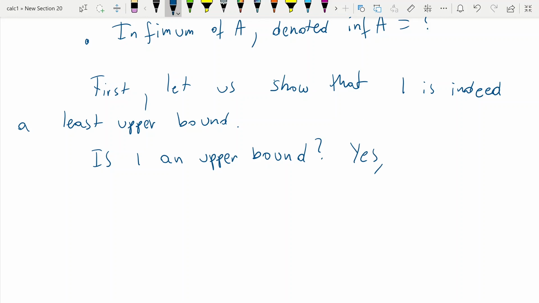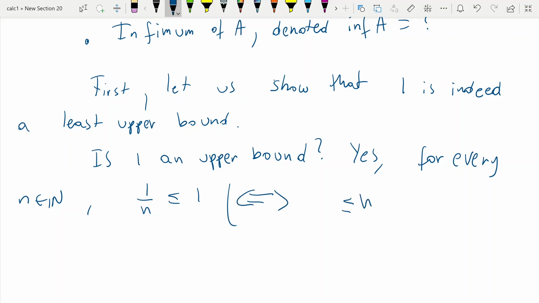Yes. For every n in N, 1 over n is less than or equal to 1. Remember, this is just equivalent to saying that n is greater than or equal to 1.